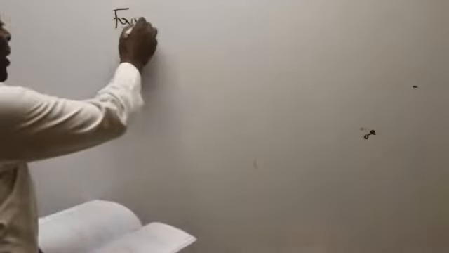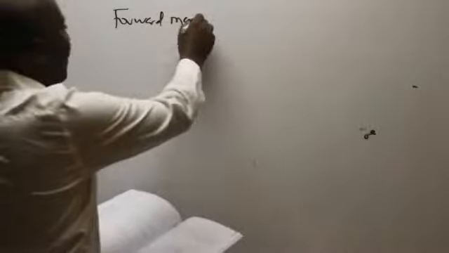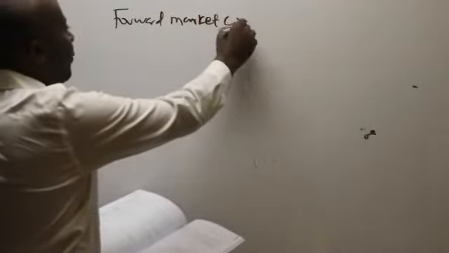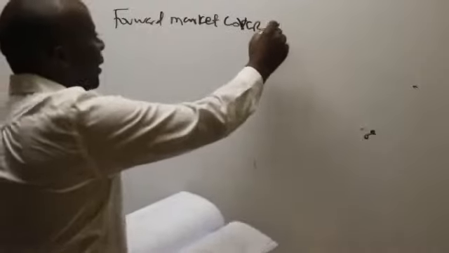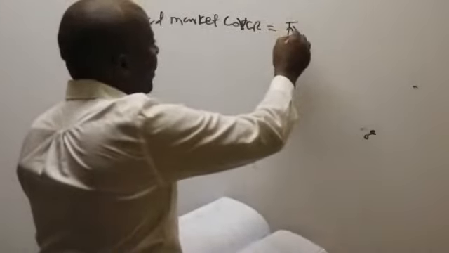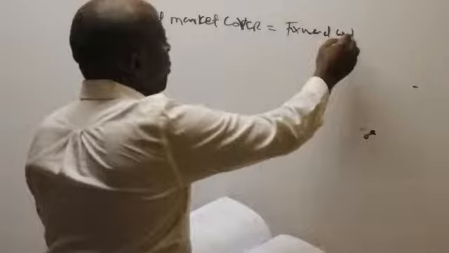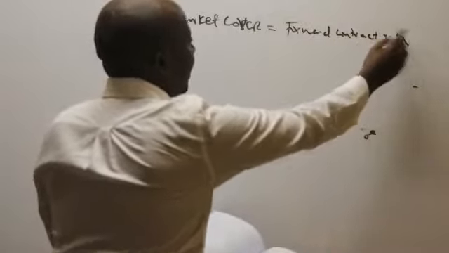Forward contract is the same as market cover or forward cover, etc. What we are saying, ladies and gentlemen, which is very important for us, is that whenever you see forward market cover, then straight away, this is just the same as forward contract rate.